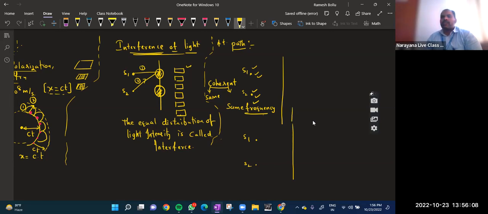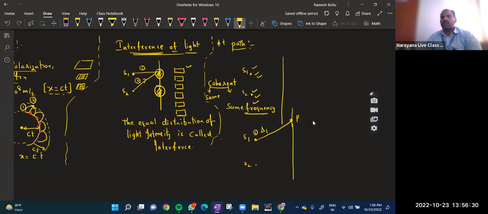I want to investigate one particular point P, students. So consider the distance between S1 and P. If you switch on the source of light S1, every light wave will travel the S1P distance only, no? That is called the path traveled by the first light wave.